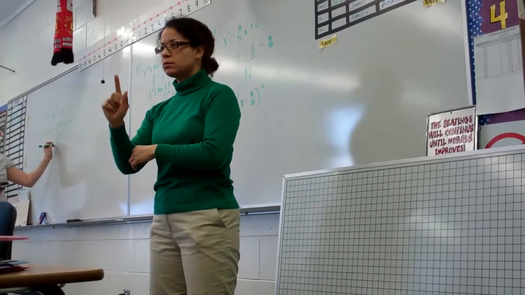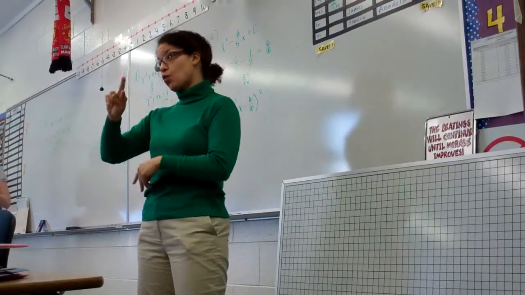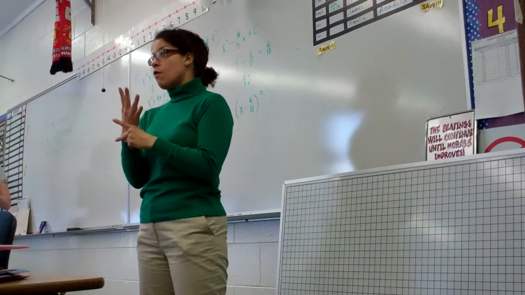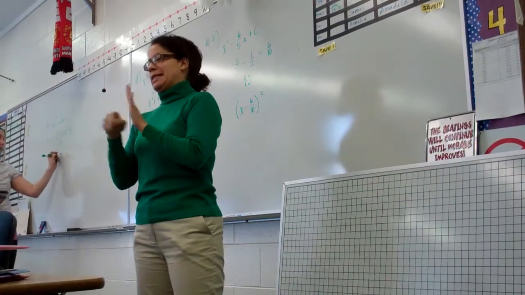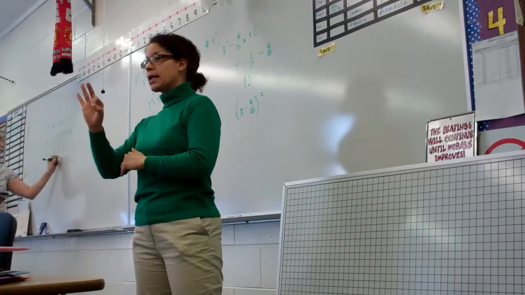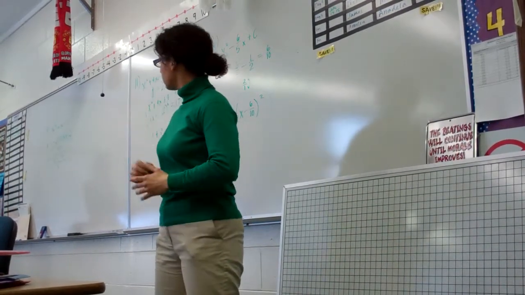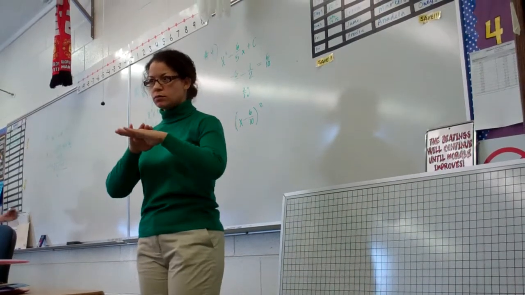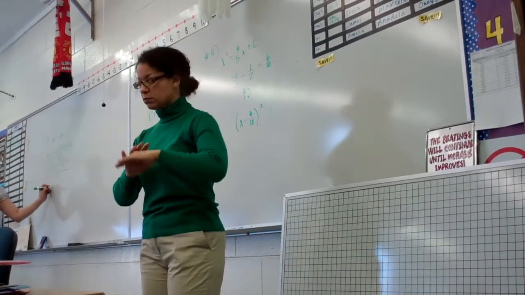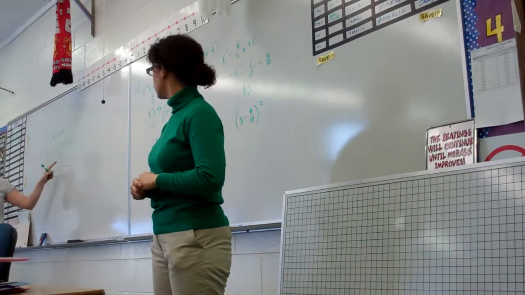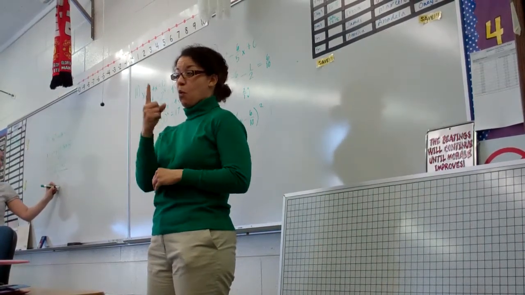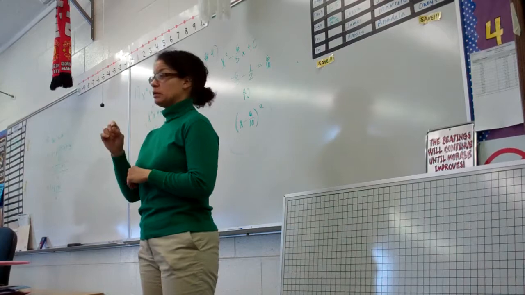Negative 1 squared is 1 minus, okay, 4 times 3 times negative 16 is negative 192. And that's all over 6. Again, be careful of your negatives. So this is 1 plus 192, which is 193, which is not a perfect square.